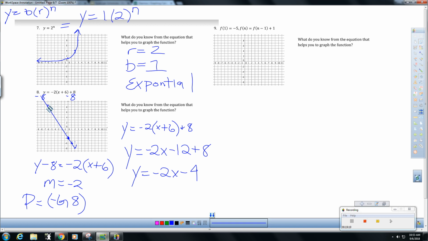So that was good. We figured that out. Okay? Now that we've gotten to this, what do we know about this graph? What's the slope? And the intercept?